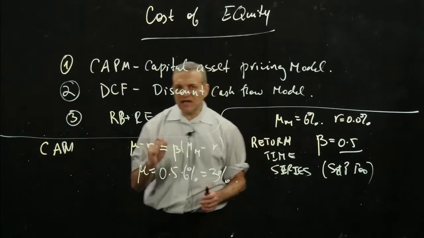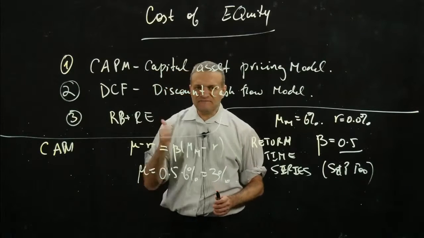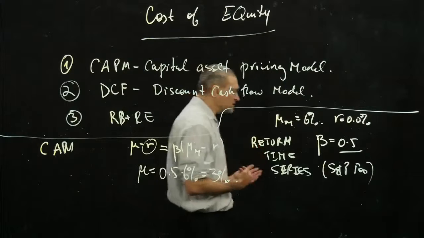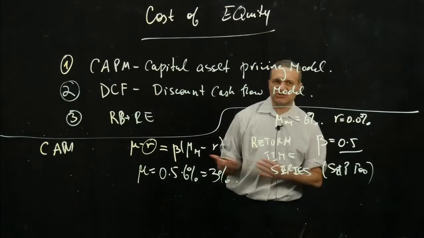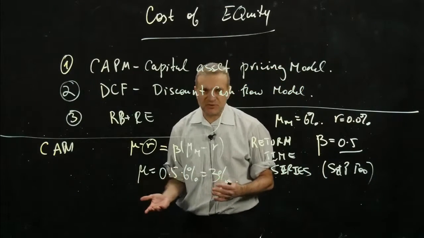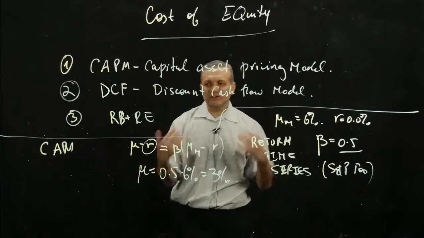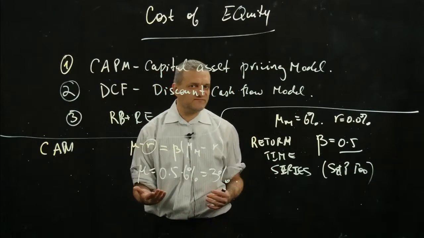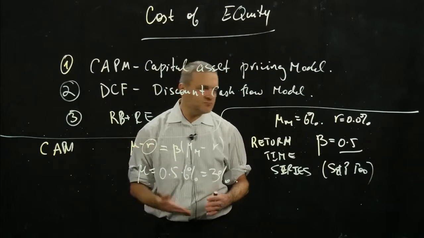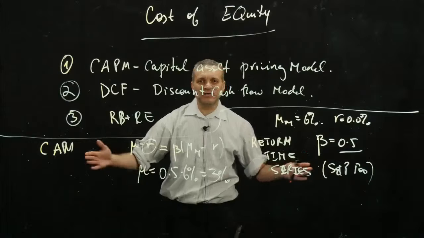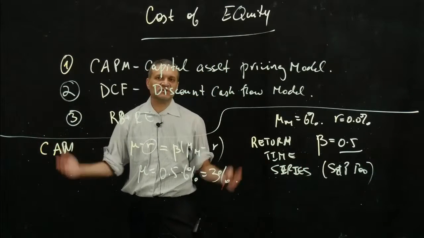Now, there are caveats with this method. The first caveat is, what is your risk-free rate? In recent years, the risk-free rate is almost zero, like 25 basis points. But in previous years it wasn't 25 basis points, let's say it was 5%. So you start looking at the data windows you want to take.